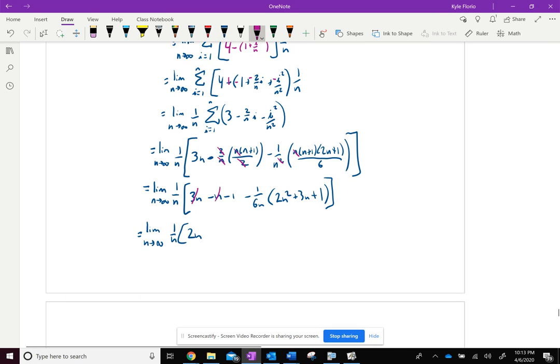So that takes out those two. Minus 1. Let's distribute this in. This is going to give me 2n squared over 6n. The second one is going to give me a minus 3n over 6n. And last but not least, it's going to be minus 1 over 6n.